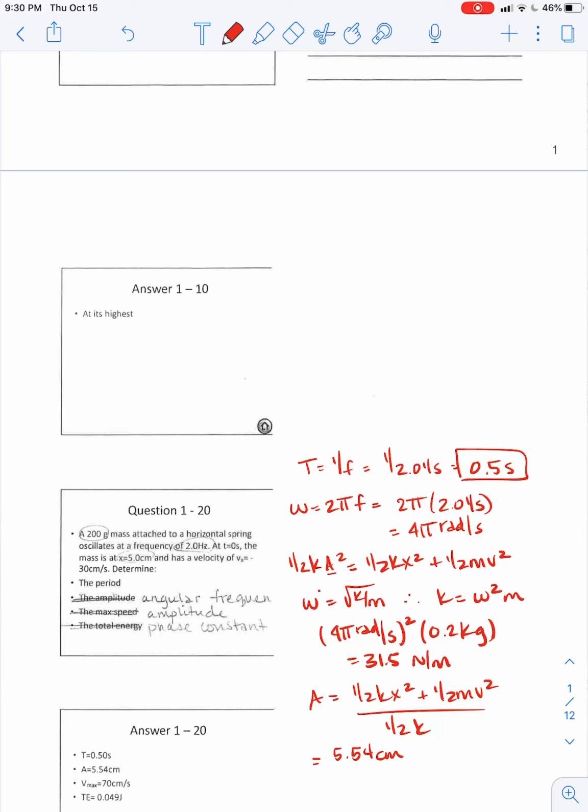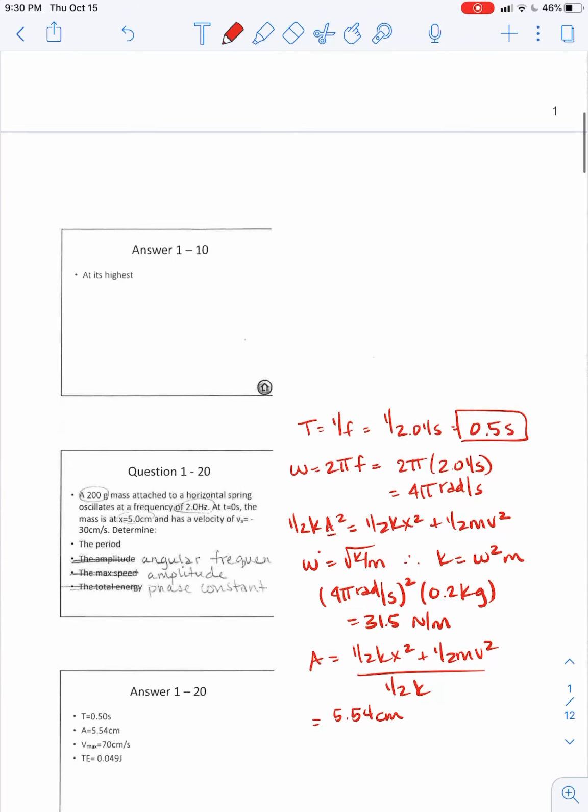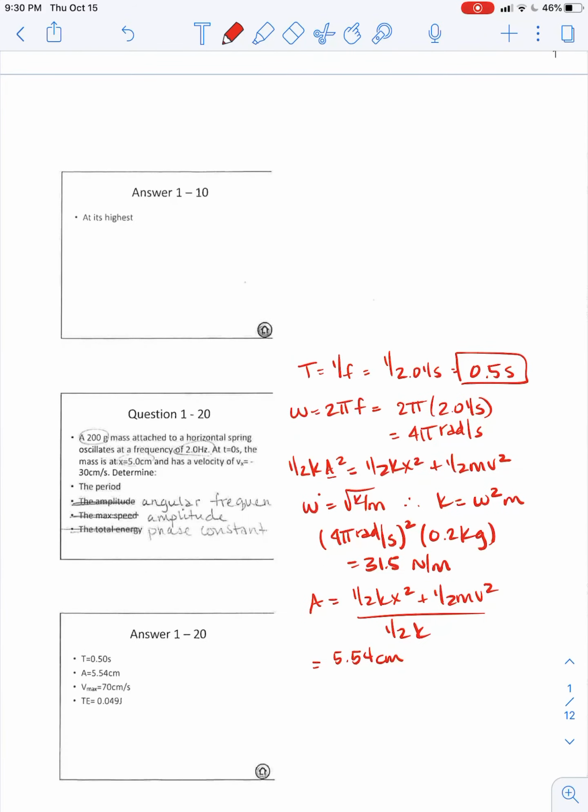And then the last one wants us to find the phase constant. So this is one of our favorite things to do, right? So phase constant, this is where you're going to want to use that one equation that just has the amplitude cosine of the phase constant, and you'll end up doing the inverse cosine of your x over your A. So you end up having inverse cosine of, what did it say was the x?